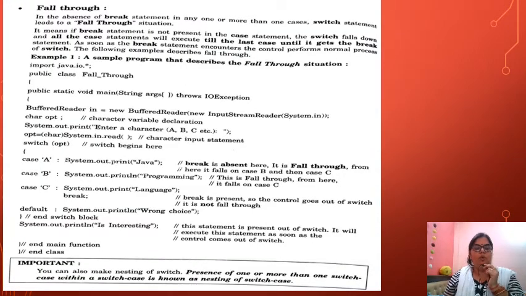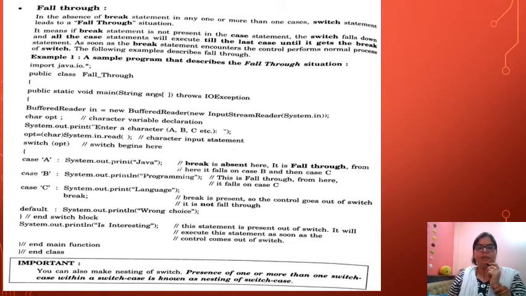See fall through. I have also told you about fall through in the previous slide. This is a reminder of what a fall through is, and there is a simple program of fall through also. Fall through is when in the cases we do not use break. In case A there is no break, in case B there is no break, in case C there is a break.